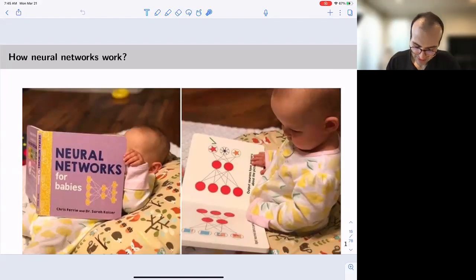Here's a fun example. So we have this book. I have a 2-month-old daughter. Well, she doesn't particularly like this book, but I read this book to her sometimes, Neural Networks for Babies. And even this book shows how a neural network works and how it is trained. It's actually quite simple. You just grab a big chunk of data points, patterns, you show them to the neural network, and then it learns, and then you test the neural network, right?